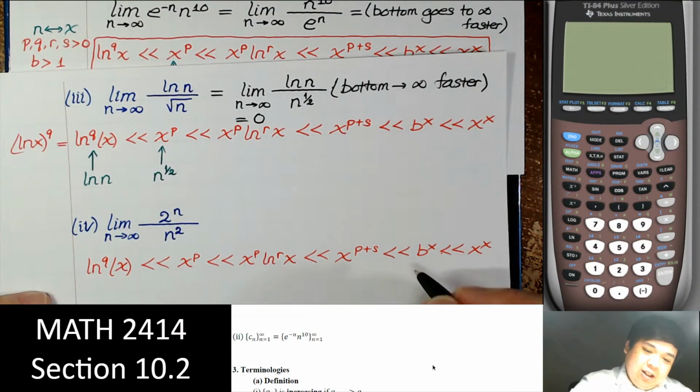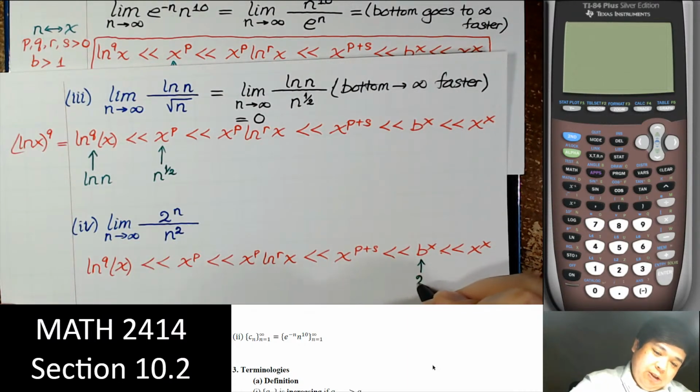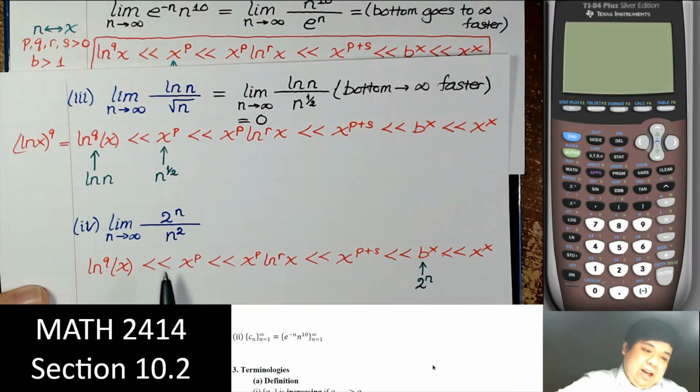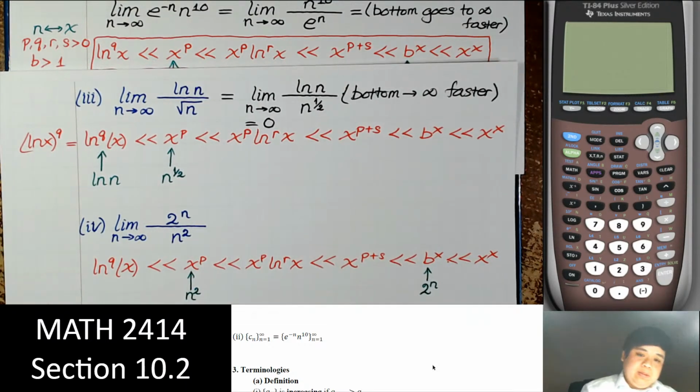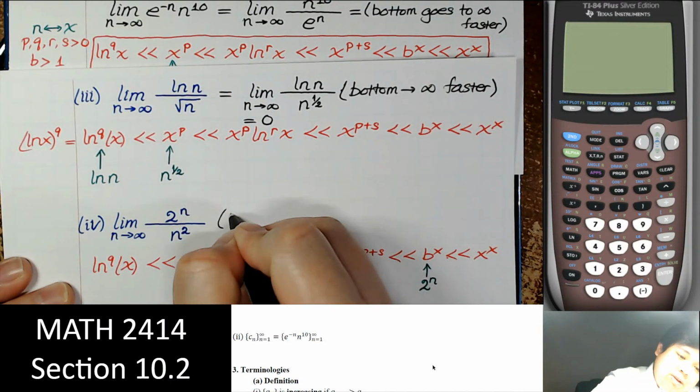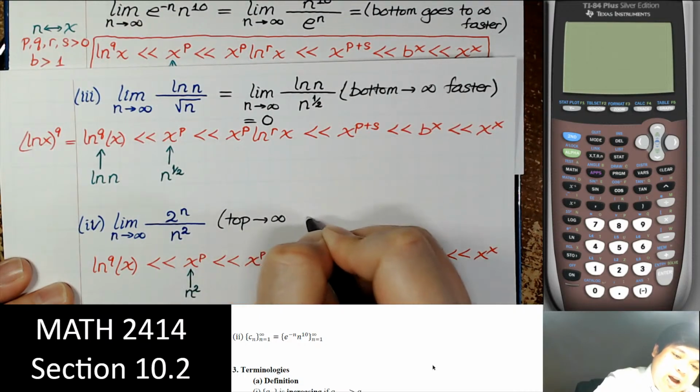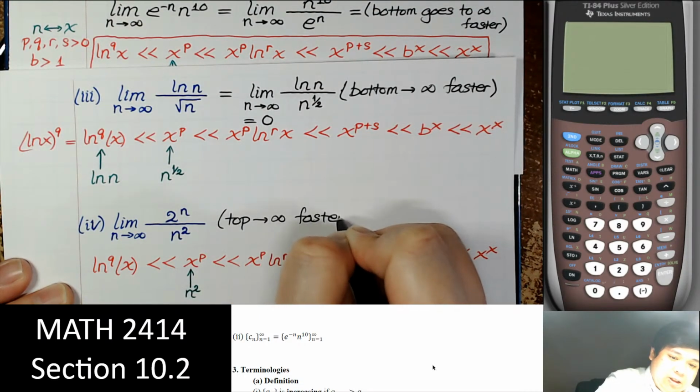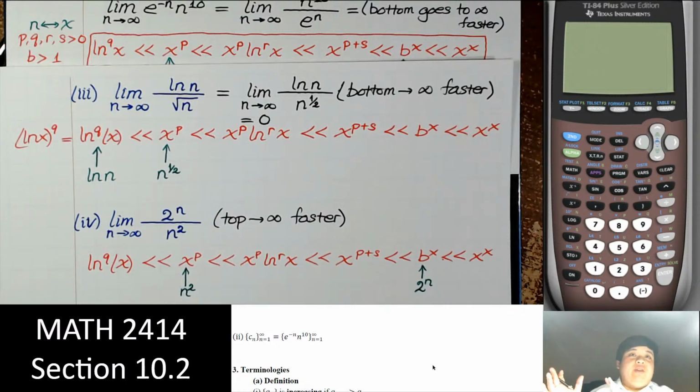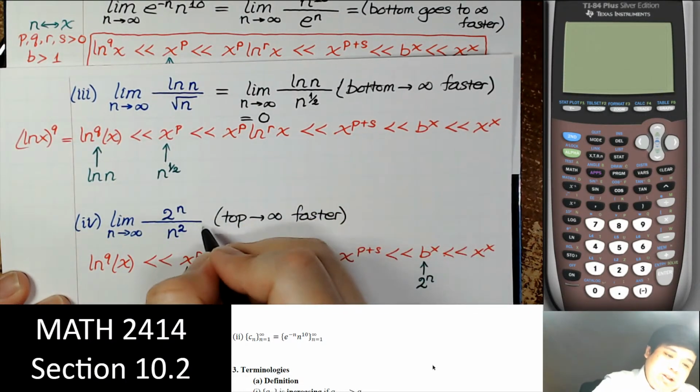So 2 to the n is this, where b is equal to 2. And then n squared is here. So the top is bigger than the bottom. So we say the top goes to infinity faster. If the top goes to infinity faster, then the whole thing will go to infinity.